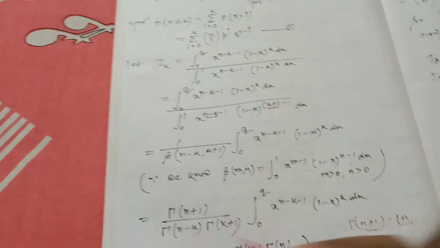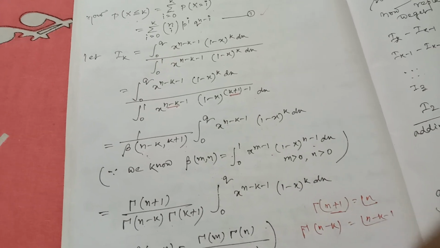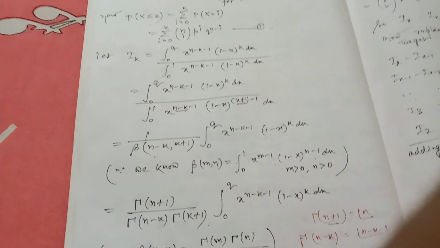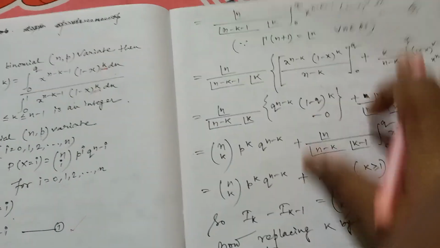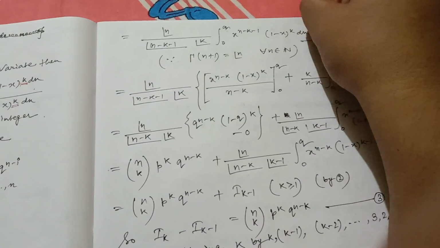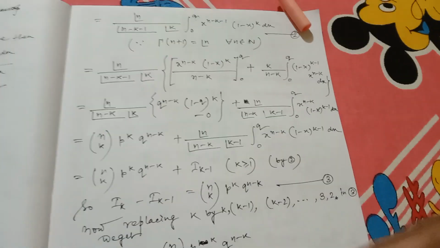Similarly, gamma of n minus k will be n minus k minus 1 factorial. Similarly, gamma of k plus 1 will be k factorial. So in the next line, you will see I have written the same thing, just converting all these expressions in terms of factorial notation. Now you can integrate this structure, whatever you have written in the original part.